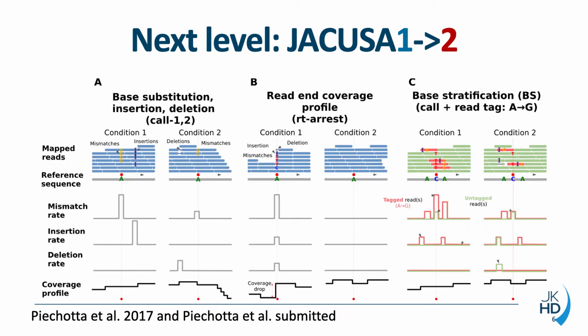So we now moved on to Jacusa2, which is basically our new kid on the block, where we extended existing program modes, so-called call-1, call-2 modes, by adding mismatch rate comparisons or insertion rate comparisons and also by entering entirely new program modes like read and coverage profiling, or so-called RT-arrest running modes.